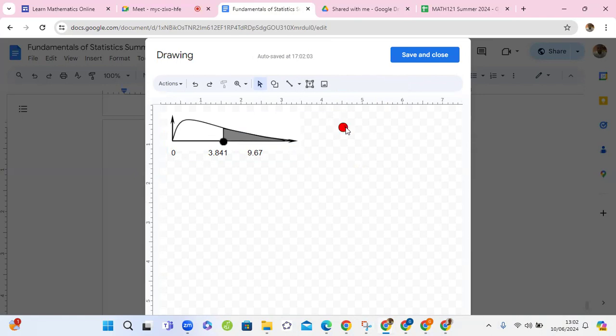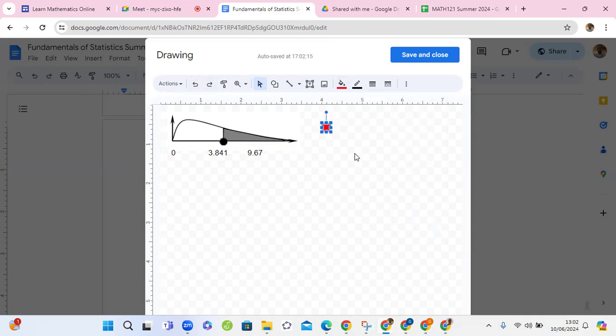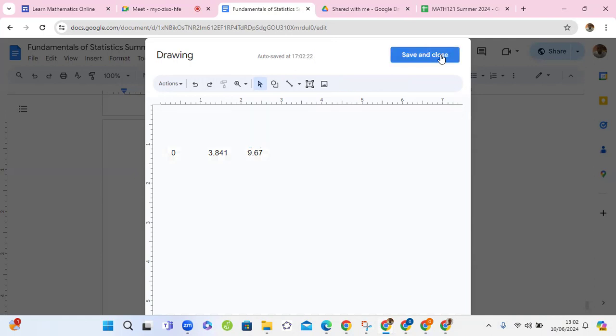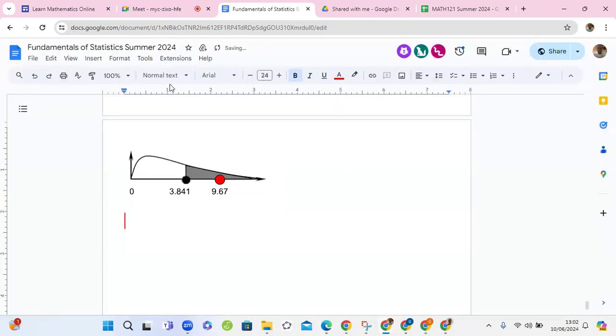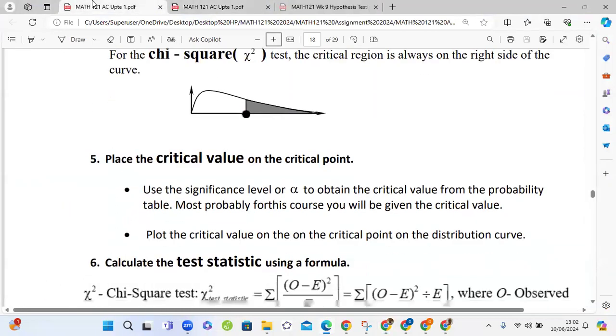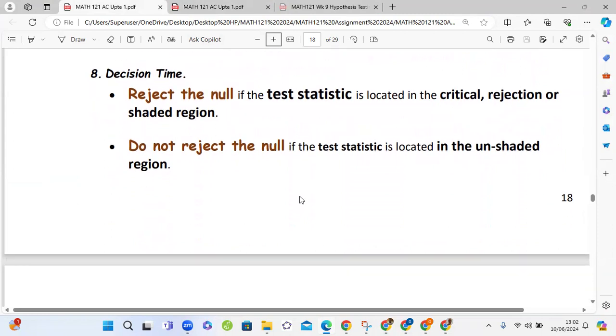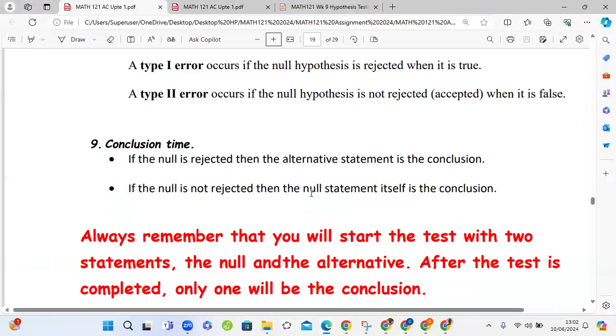So again, our test statistic is in the critical region. So we have to reject the null. Reject the null if the test statistic is in the critical region. And then if we reject the null, we have to conclude with the alternative.